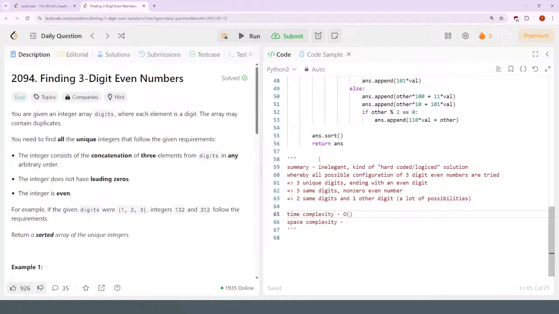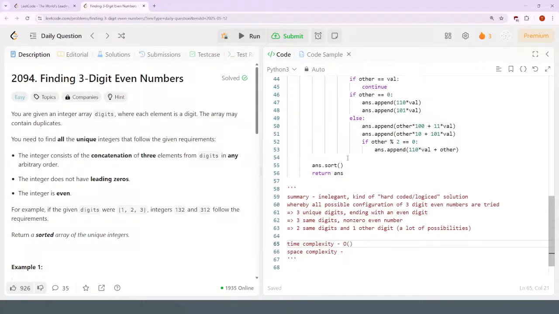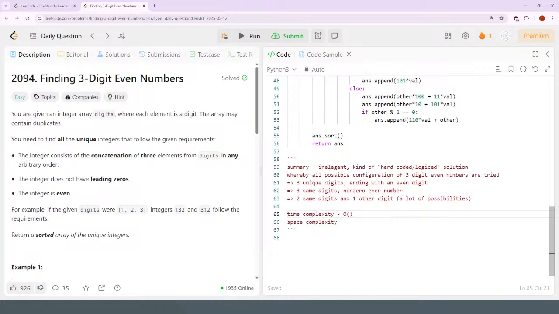So it's at least O of D, the number of digits that you have, like this is 10 digits, right?